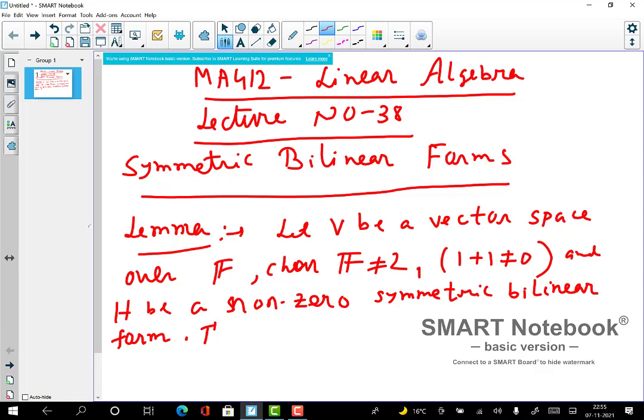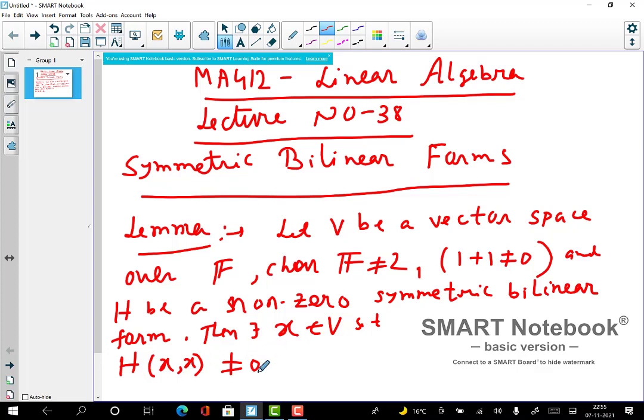Then there exists a non-zero vector x belonging to V such that the value that H takes on x and x is not equal to 0. Obviously x has to be non-zero, because if x equals 0, it is always 0, right?